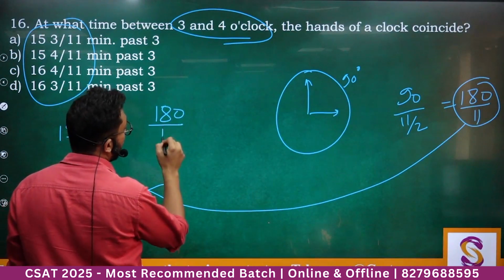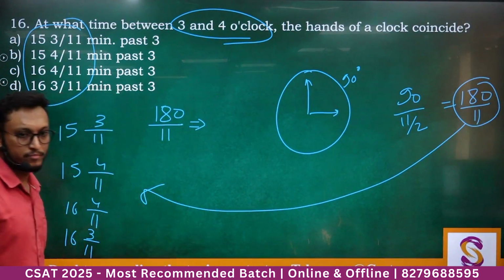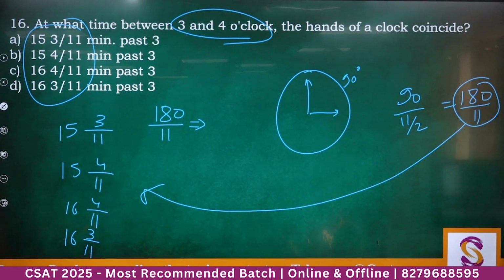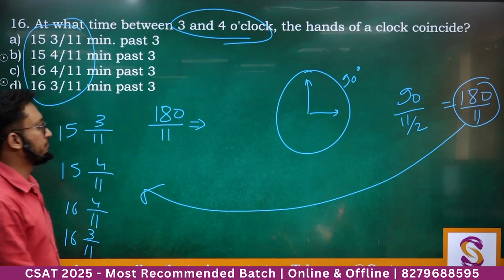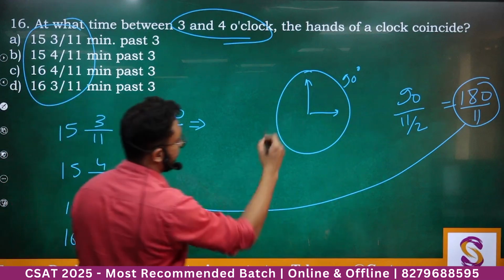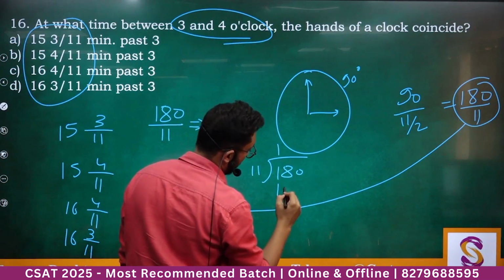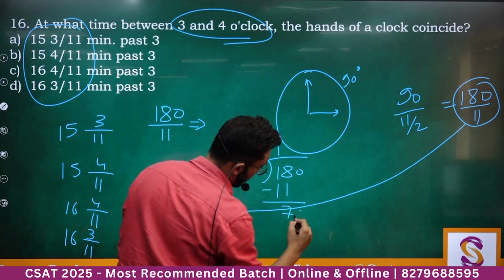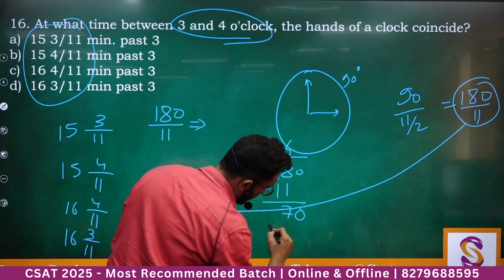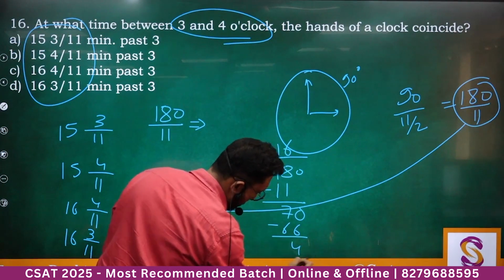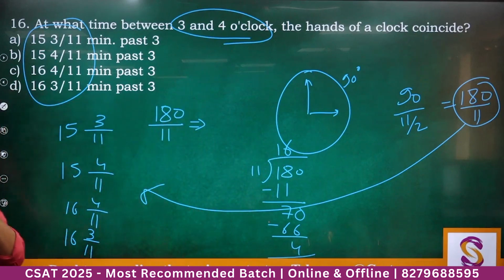180 by 11 कितने से divide होगा? अरे आता है. 1 जा, 70, 6 जा, ऐसे करते हैं.